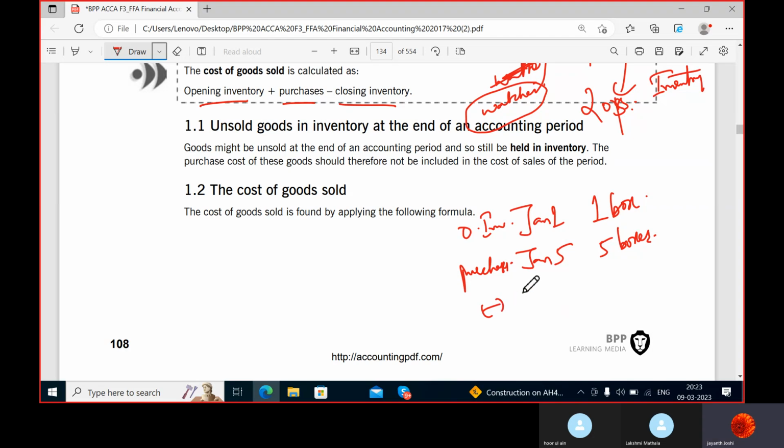Minus closing inventory. So what is happening here is we have how many boxes right now? 6 boxes. So out of these 6 boxes, 3 boxes are sold.